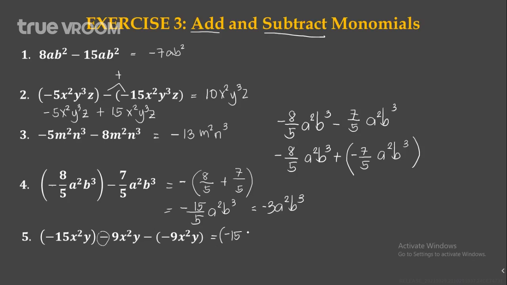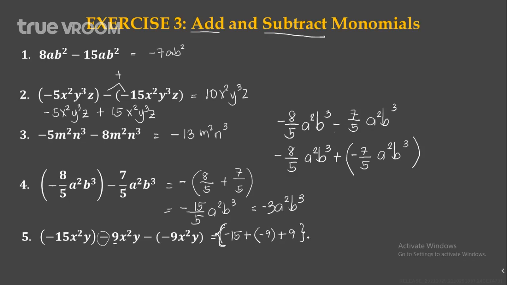Minus will become plus, by the rule of subtraction: change minus to plus and then change the sign of the subtrahend. Positive 9 will become negative 9. So it will become negative 15 plus negative 9 plus 9.